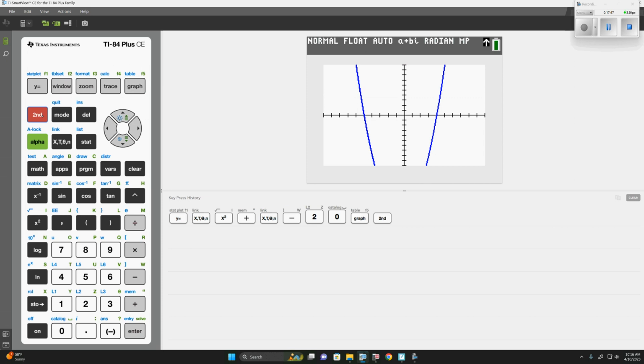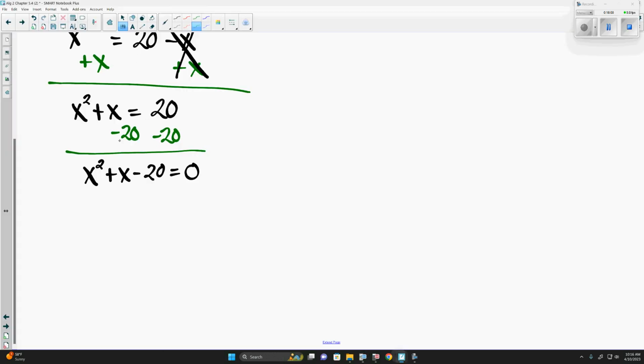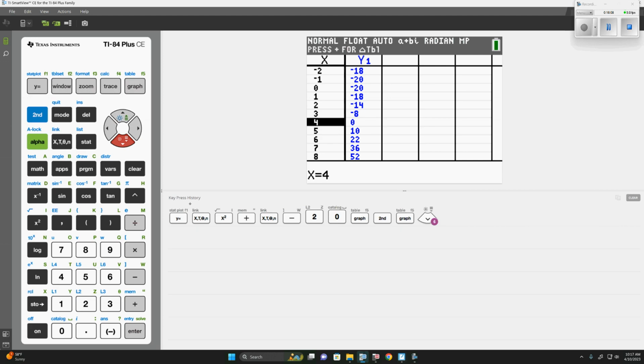And if we go second graph, look at the table, we can see one of the values that works is 4. Because we're looking for where y is 0. So x equals 4 is one of the solutions. And with quadratics, they will cross at 2 locations. 0, negative 20 is not one of our solutions because we're looking to see what values of x make y be 0, not the other way around. So we can keep going up, and the other one is negative 5.